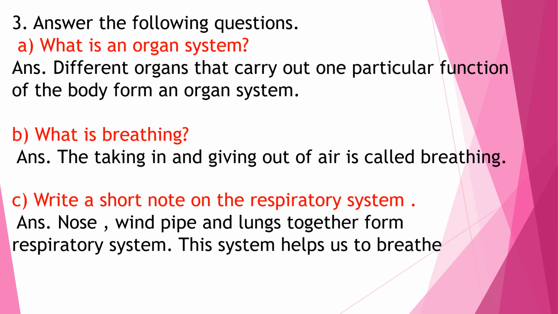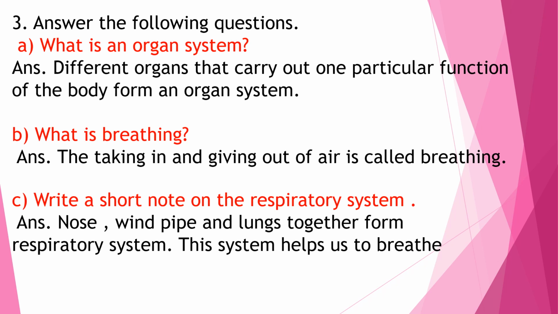Third, answer the following questions. Children, here a few questions are given and you need to give the answers to those questions. The first question is, what is an organ system? Children, here in this question, you need to explain what an organ system is.